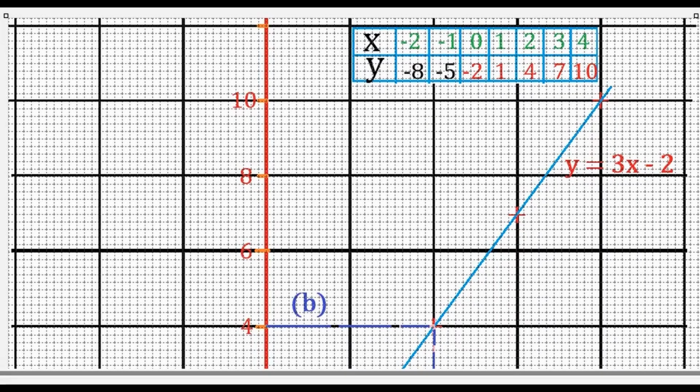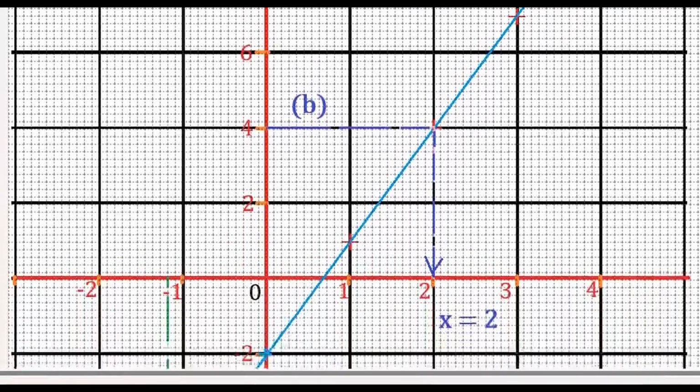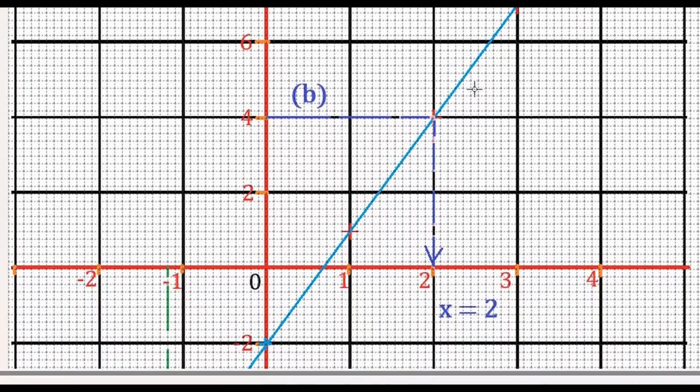Part B of the question requires us to find x when y is equal to 4. So this is y when y is equal to 4 like this. So we have to move on until we reach the equation line, which is this one, and then we look for the value of x, which is positive 2. So we have solved the equation using the graph. x is equal to 2. That is the root of the equation.